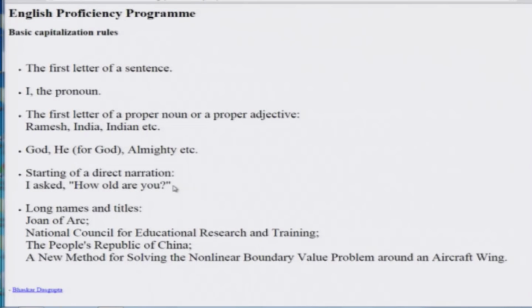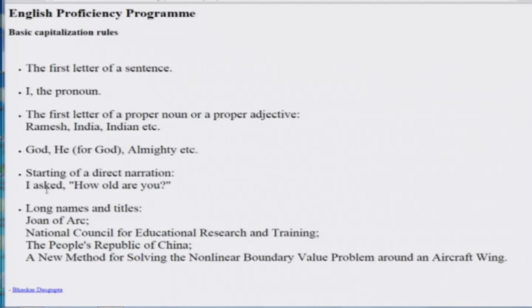Okay, so this is another issue where you think sometimes that whether I should put this thing here or whether I put this thing here, because you see logically that there are actually two sentences ending at this point. One is how old are you, and the other is I asked something. Okay, so both sentences are ending here, but at the end only one end marker is used.